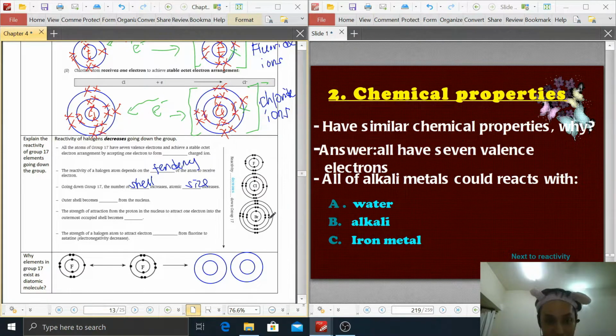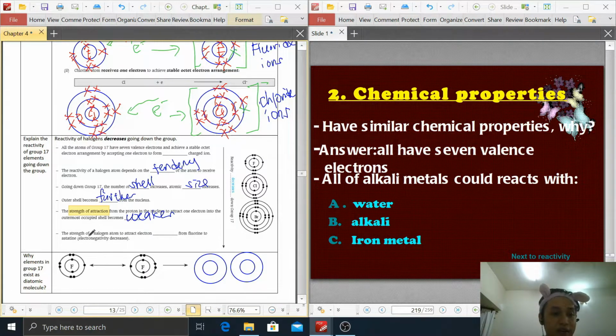So atomic size increases, so the outer shell becomes further away from the nucleus. The strength of attraction from the protons in the nucleus to attract 1 electron into the outermost occupied shell becomes weaker, because you have more protective layers, or more shells, so it's more difficult for the nucleus to pull the electrons in.